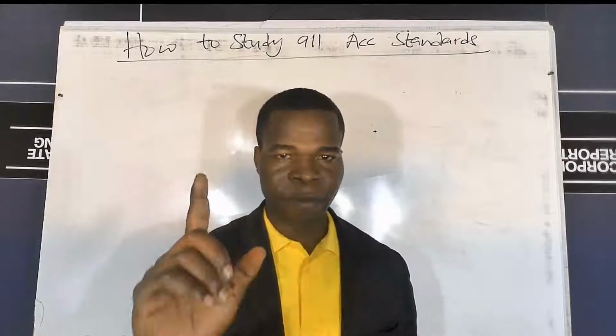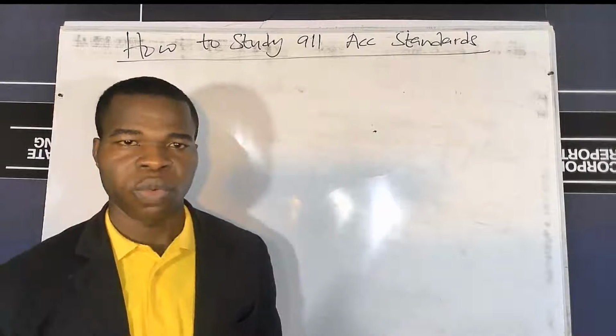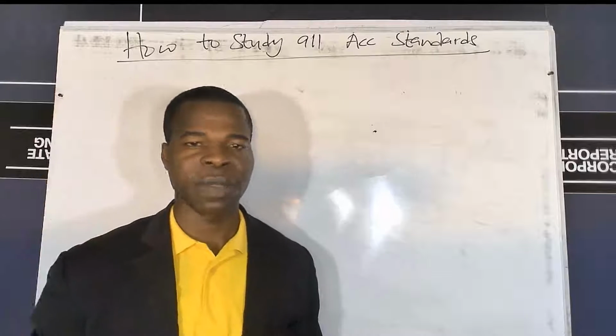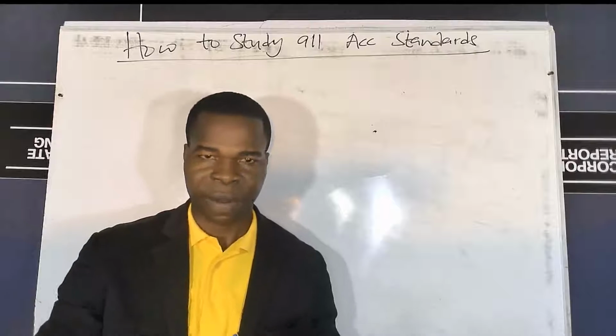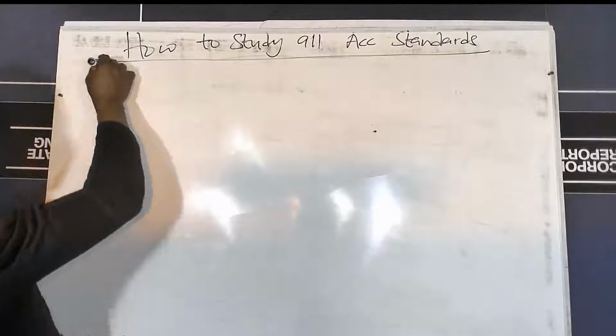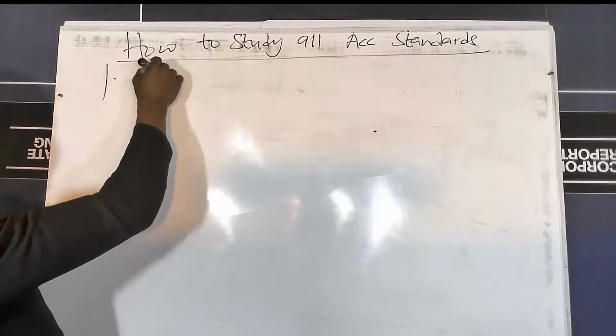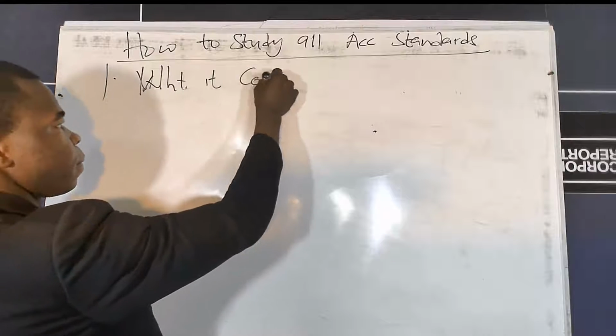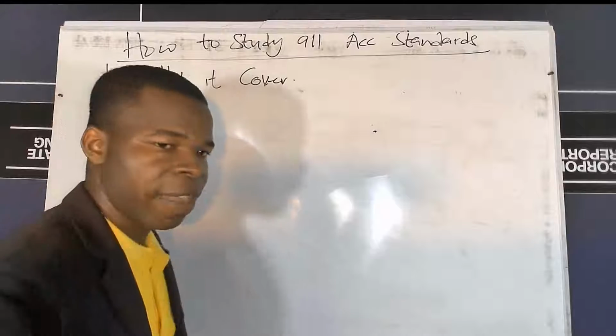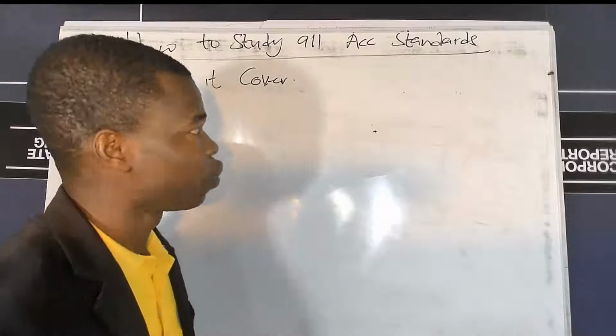All right. So the first thing you are supposed to do or look out for when you take any accounting standard is to look out for what that particular standard covers. In my words, I term it what it covers. Now, with what it covers, we are looking at about 2 or 3 things.